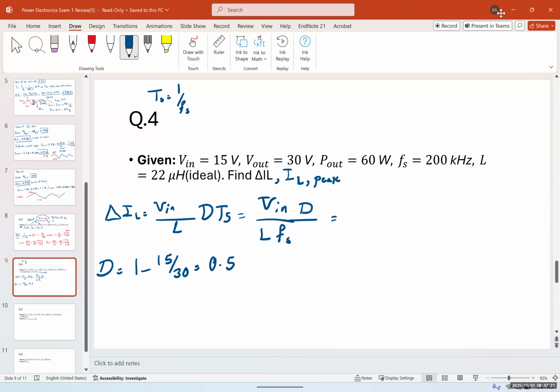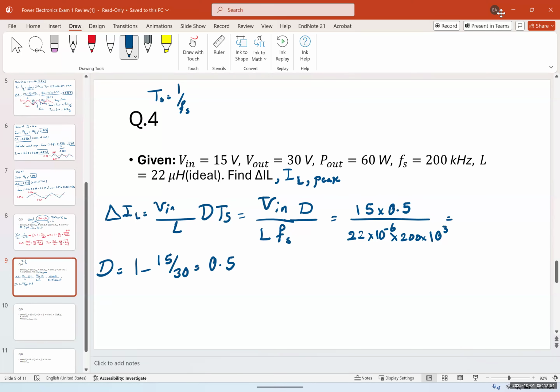So this would be Vn, which is 15, times 0.5, divided by L, which is 22 times 10 to the power of negative 6, times 200, which is our frequency, times 10 to the power of 3.